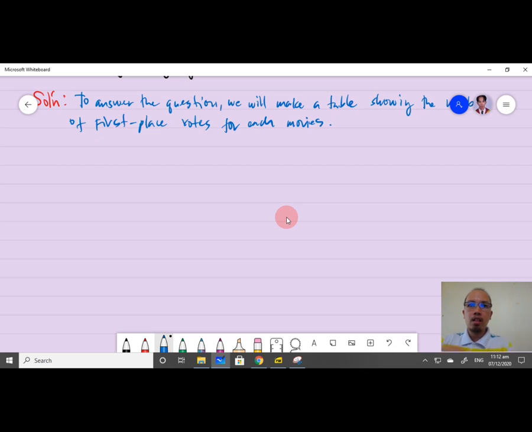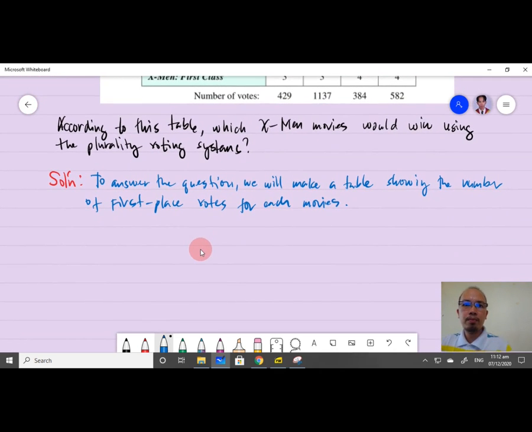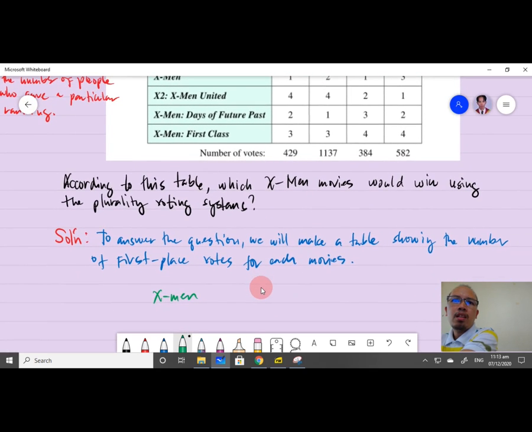Let's say first, X-Men. Sorry, let's have another color here, maybe this green. X-Men. The second one is X2 X-Men United.